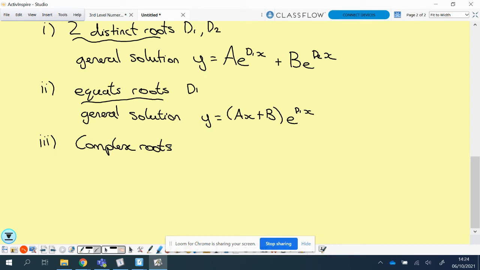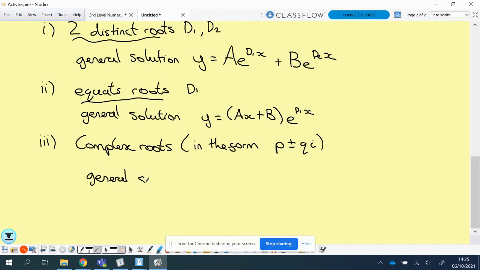So that would be in the form p plus and minus qi. So p and q would be real numbers, but we would have an imaginary number there. We still have two roots because one would be the plus form, one would be the minus form.